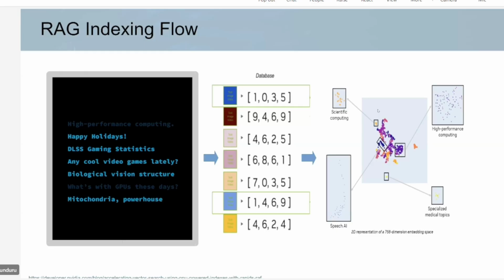So a vector is represented across the space. For example, all the comics stories go to one place, all the scientific computing information goes into a separate location, high performance computing related story details go into a separate location, and speech AI as well.